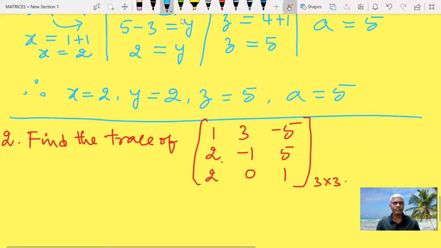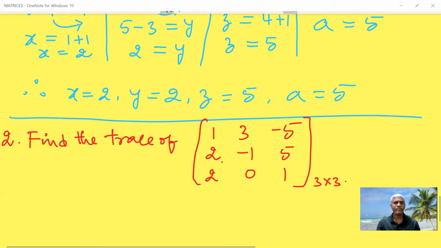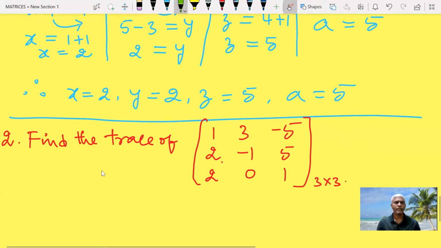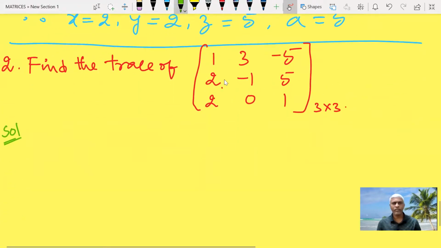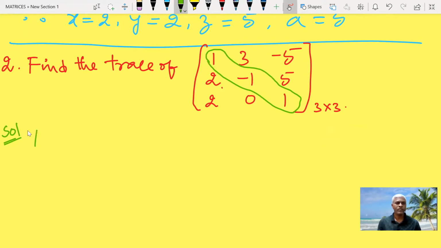So remember, what is trace? Trace is nothing but, in a square matrix, the sum of the elements of the principal diagonal.